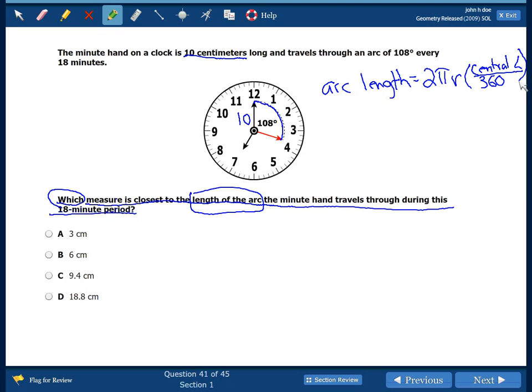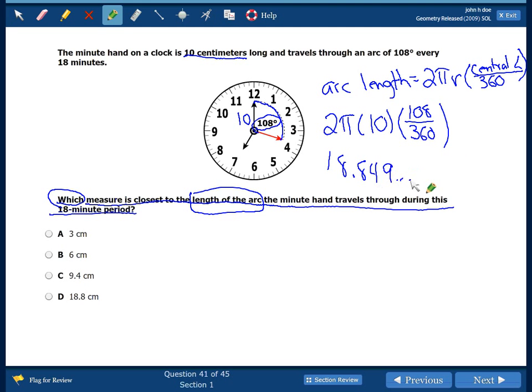We have r is equal to 10, so 2 pi times 10 times our central angle, which is 108 over 360. So when we plug this into the calculator, we get an answer of 18.849, and it keeps going on and on. So we see that that answer is just D.